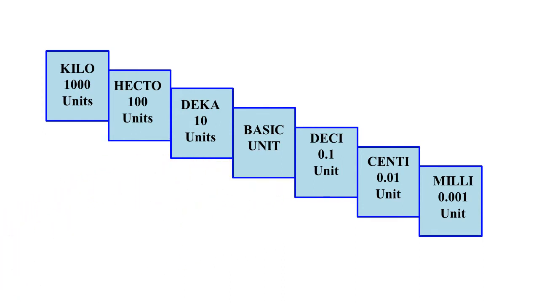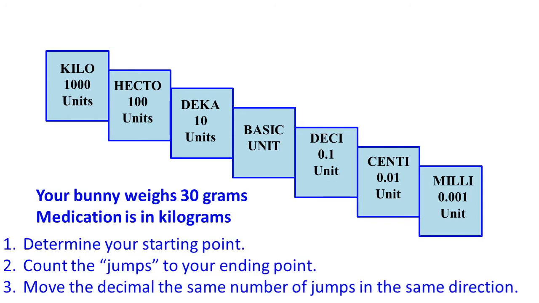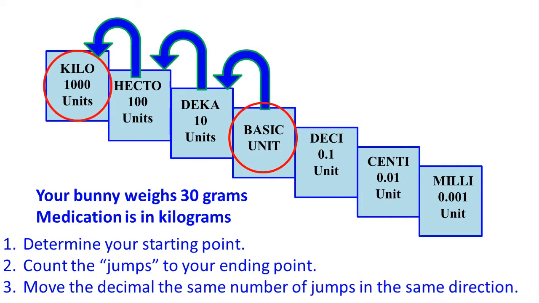You receive a cat-caught baby bunny, and it weighs 30 grams. The medication dosage refers to kilograms. To convert from grams to kilograms, you count how many steps from what you know, which is grams, to what you want to know, kilograms. It is 3 jumps to the left.